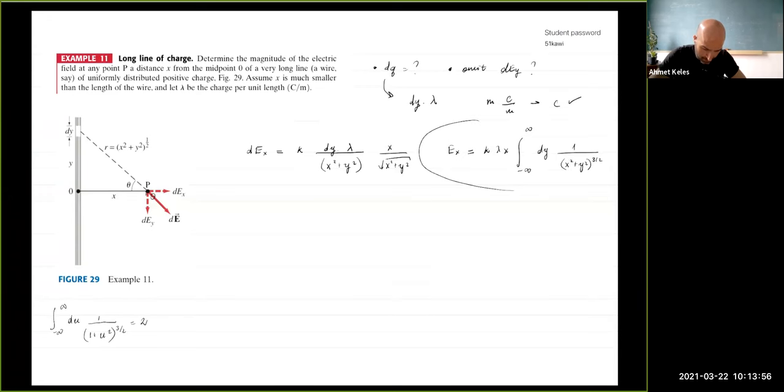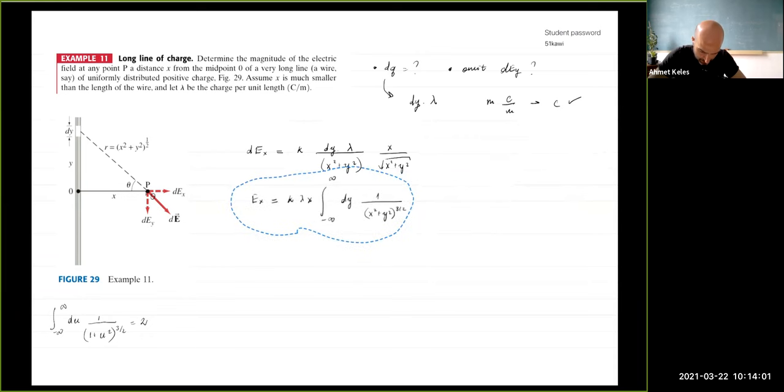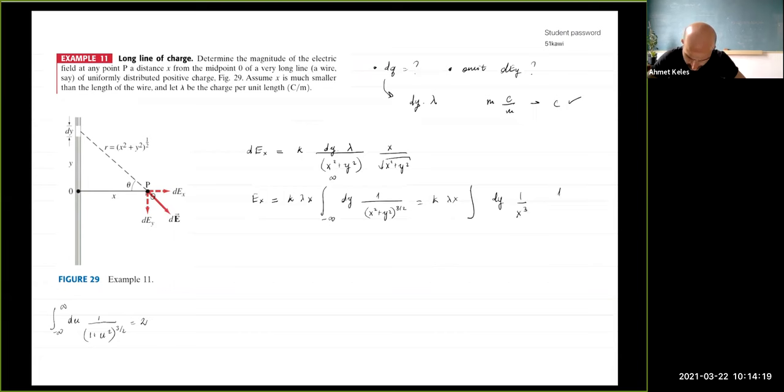It is equal to k lambda x, the same thing one more time, dy, but take x outside. x cubed, 1 over 1 plus y over x squared, to the 3 over 2, right?